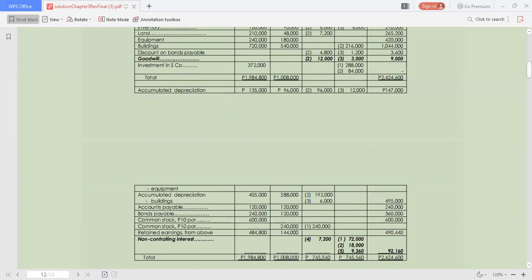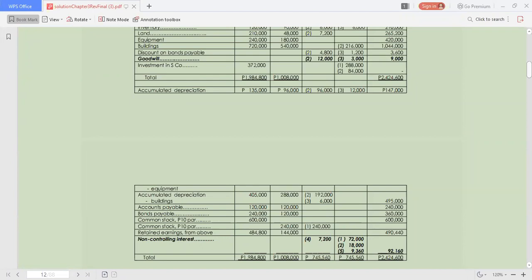We have 147,000 for the accumulated depreciation, and we deduct this from the equipment account of 420,000. So that's why in requirement number 2, the equipment account has a balance net of only 273,000. So take note, accumulated depreciation is normally a credit. So if you have to add the two credits and deduct the debit and add another credit.